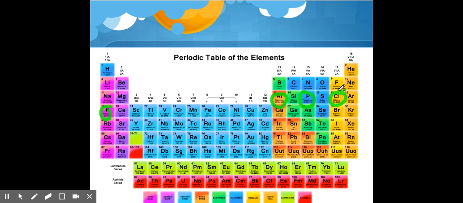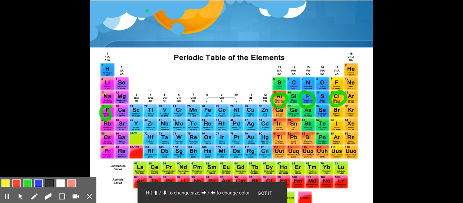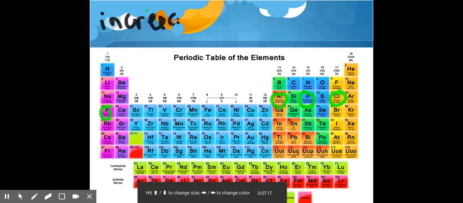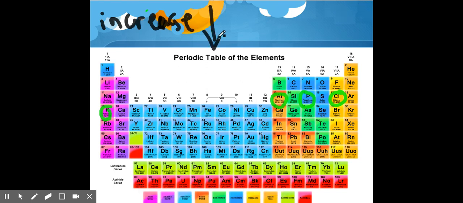So we know that atomic radius is going to increase going down, and it's going to decrease going across.